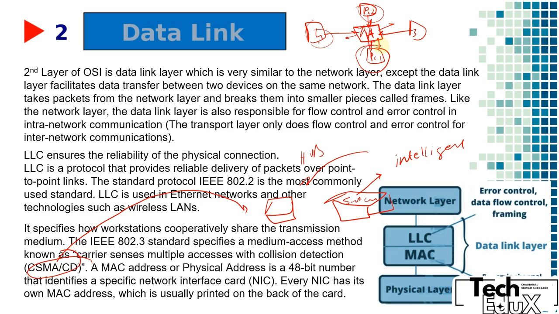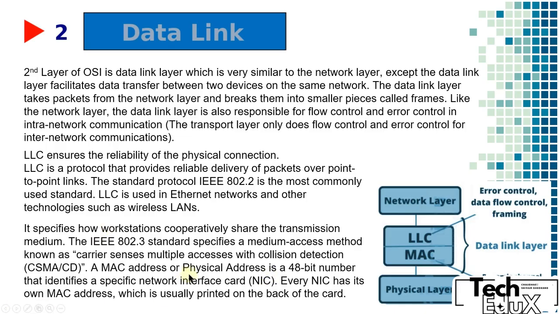Just like a walkie-talkie. If you're talking on a walkie-talkie, you will say, hello, how are you? Over. Then the second person will say, yes, I'm fine. Over. So "over" is the term. You can take it in place of CSMA/CD. So basically it tries to find the collision and tries to mitigate those issues. Okay, I hope you get the idea.